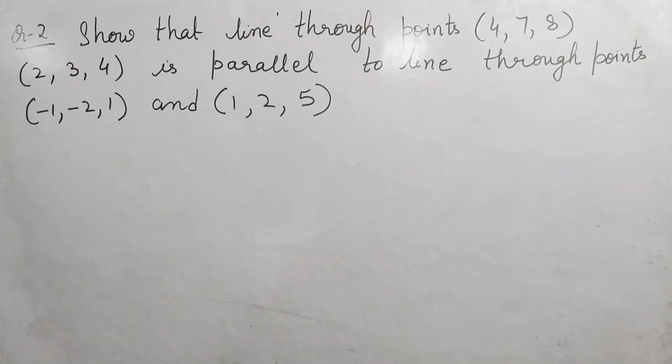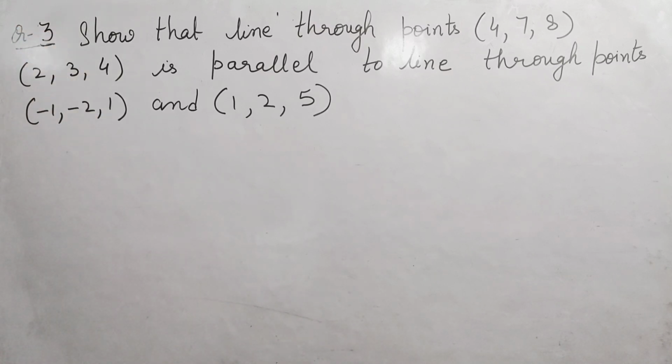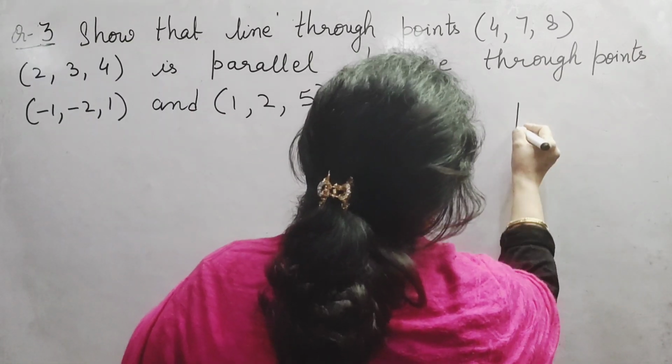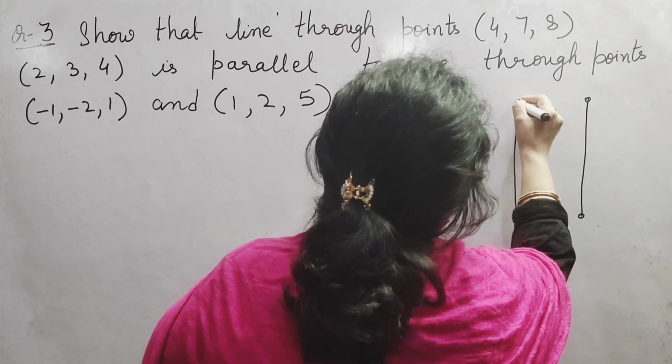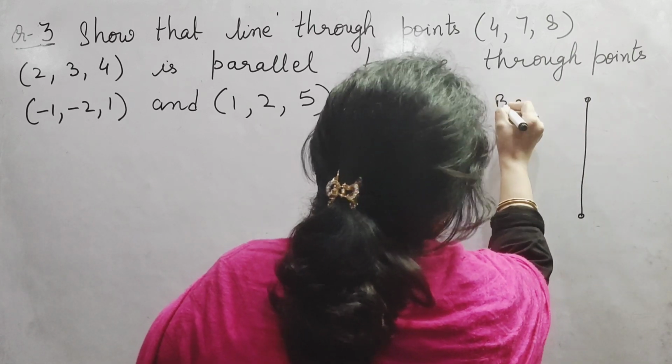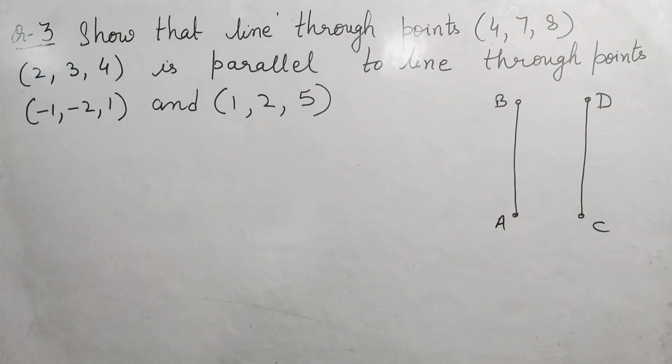Now question number 3 of the exercise. Show that the line through the points is parallel to the line through the two different points. Now this is the same type of pattern, but here we have two different lines, and we have to show that these two lines are parallel to each other. Okay.